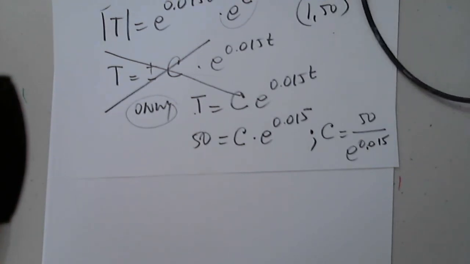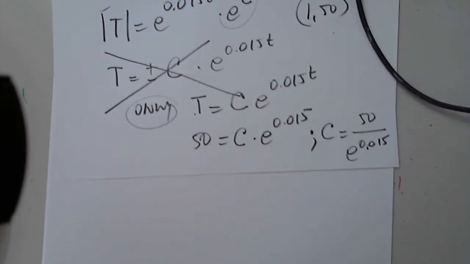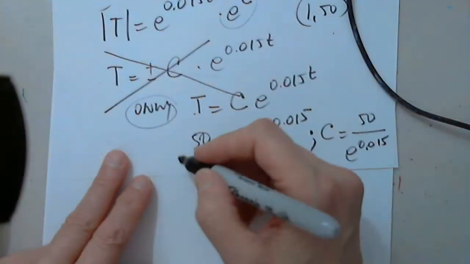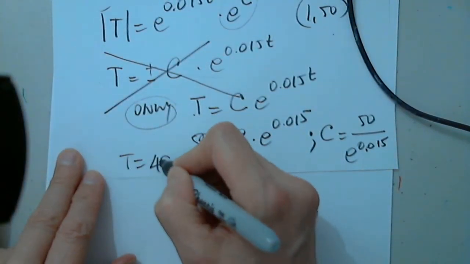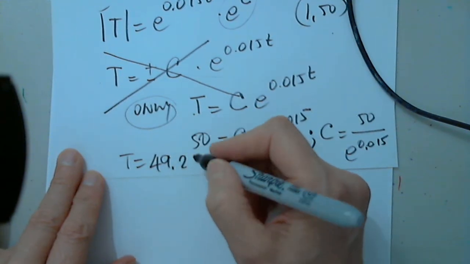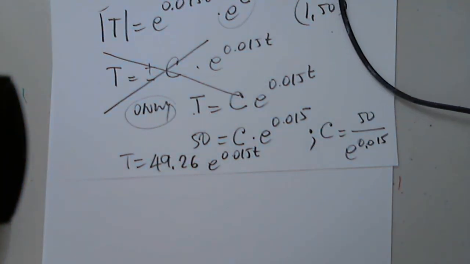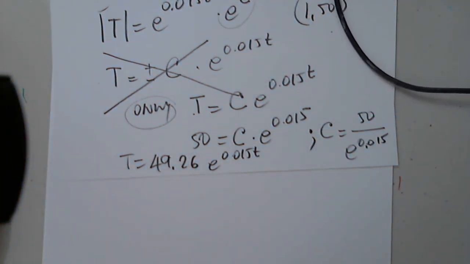So this is 50 divided by e to 0.015. Oh, sorry. So 49.26. So then T equals 49.26 times e to 0.015t. I don't know how many decimal digits they want.